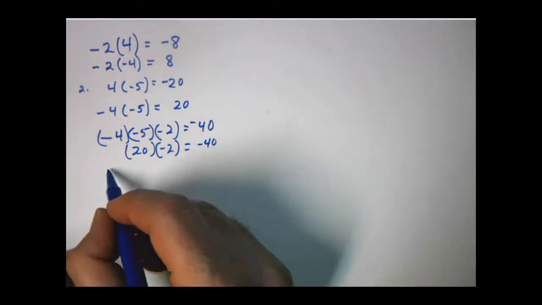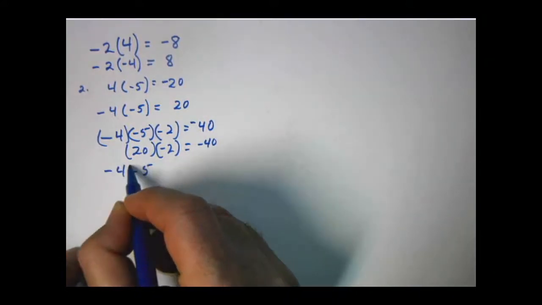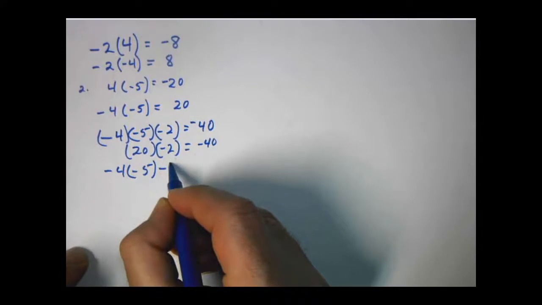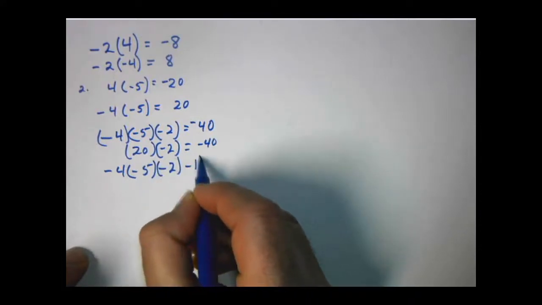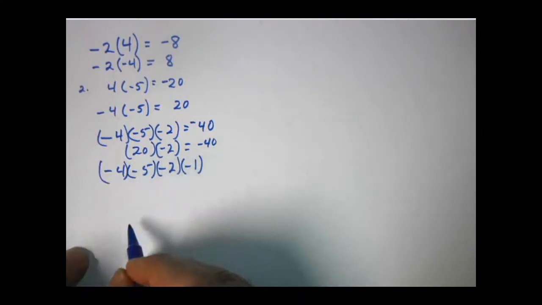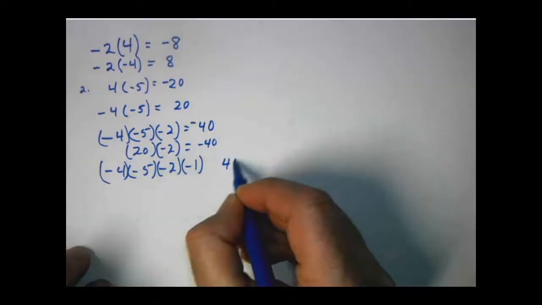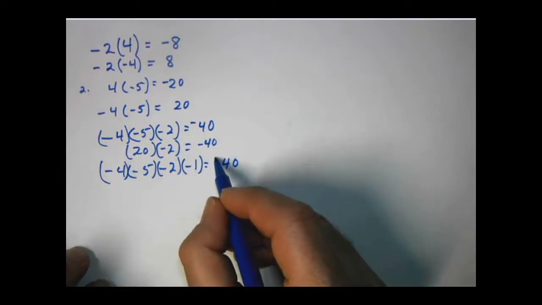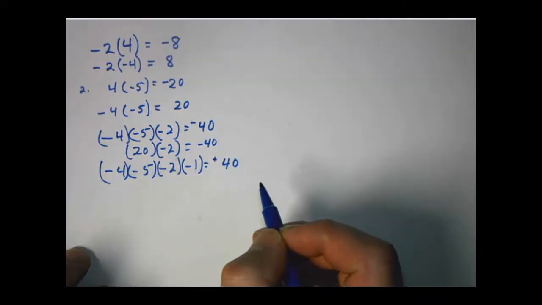What if I have 4 signs? -4 times -5 times -2 times -1. Well, 4 times 5 is 20, times 2 is 40, times 1 is still 40. But how many signs do I have? 1, 2, 3, 4. An even number of signs, therefore my answer is going to be positive.